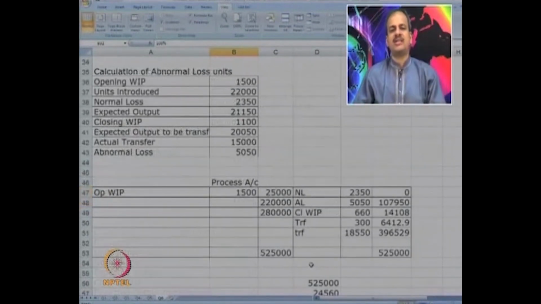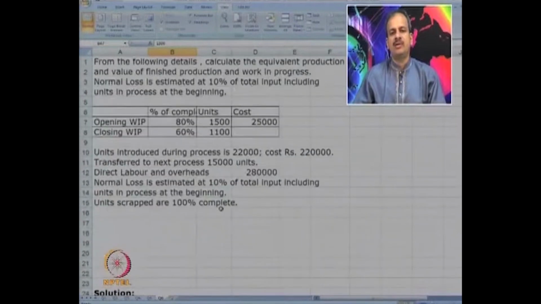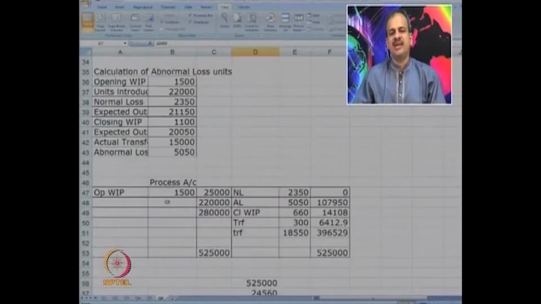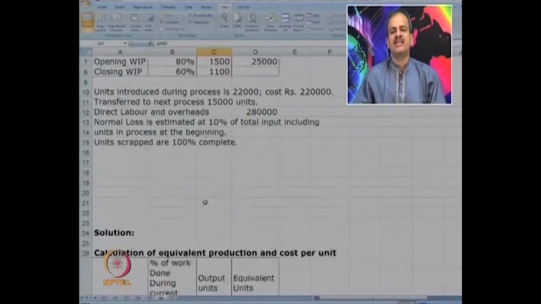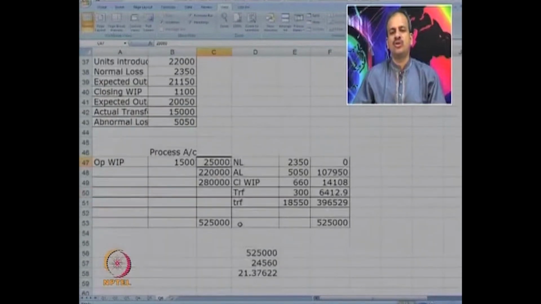So here are the cost calculations. I have tried to make a small process account for your clarity. So in process account, the opening work in progress, it was given above that 1500 units charge is 25,000. So that has been retained, 1500 units at 25,000. Next, the cost given is the cost of units introduced, 22,000 units at 2200.